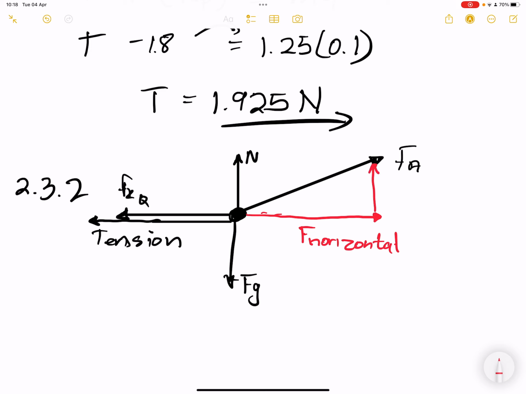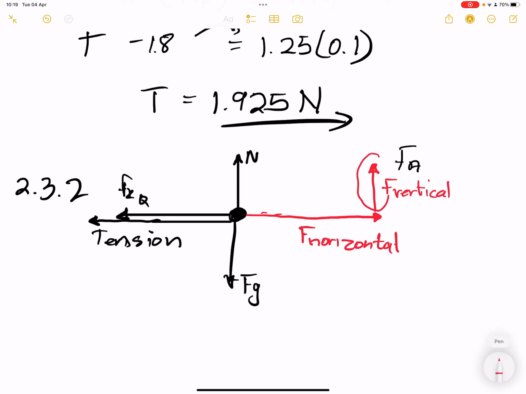So we know that there's a force in the vertical dimension that is equivalent to the vertical of the original applied force. Essentially, what it means is that we can get rid of this one here and rather replace it with its components.